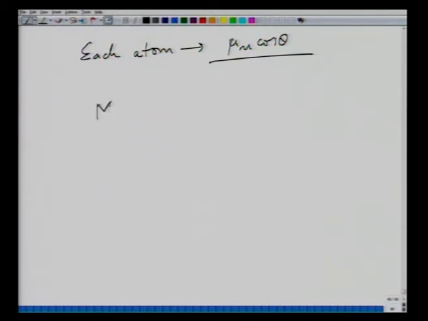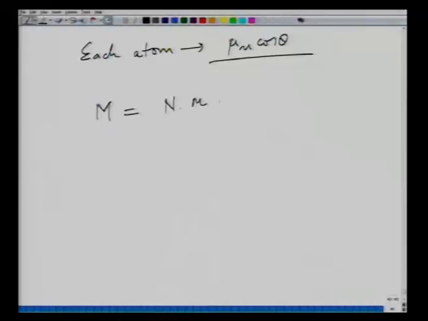So, magnetization M, which is parallel to the applied field for the whole system, will be equal to n, the number of atoms per unit volume, multiplied by mu m cos theta, and this cos theta will be for all the thetas that you have. This should be small mu m rather.